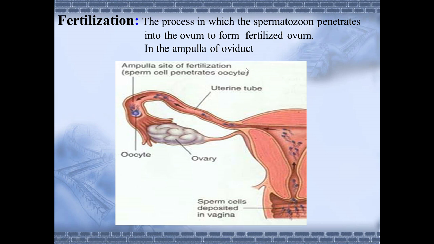This process of fertilization takes place in the ampullary region of the fallopian tube or the oviduct. You can see the sperms are deposited in the vagina, and they pass through the uterine tube, and in the ampullary region the sperm cell penetrates the oocyte and results in fertilization.